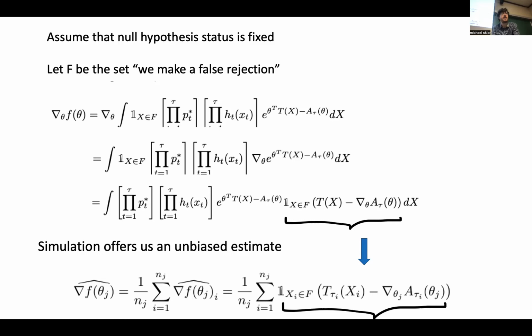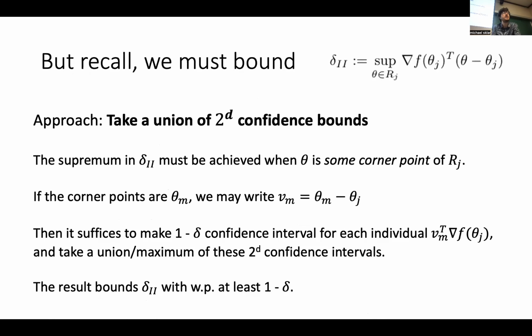Okay, so this gets us an estimate of the gradient that we can use. That's not all we needed. We needed a confidence interval, and not only a confidence interval, we needed a confidence interval on this whole term here, which is that true gradient with the dot product of a vector, and then maximized over the set of such distances in our rectangle.